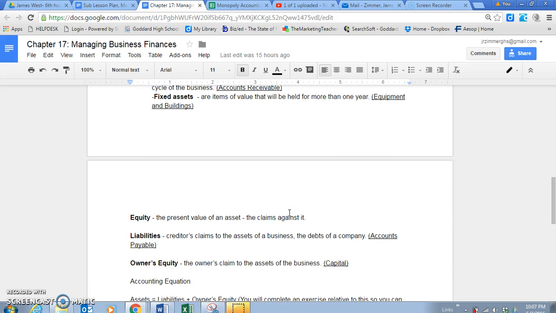The next item is equity, and we talked about this a lot yesterday too. This is the present value of an asset and the claims against it. So if I own Boardwalk and I'm going to buy it for $400, I'm going to repeat this from yesterday. Let's say I don't want to spend all my money. Let's say I only want to pay $200 of the $400 that I owe for Boardwalk, but I'm ultimately going to pay the rest later and I'm going to take out a loan. Well, that's where liabilities come into play too.